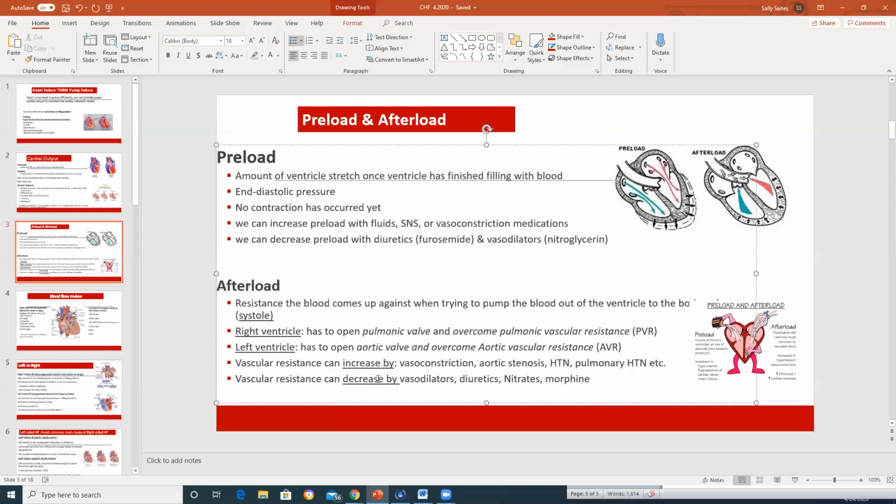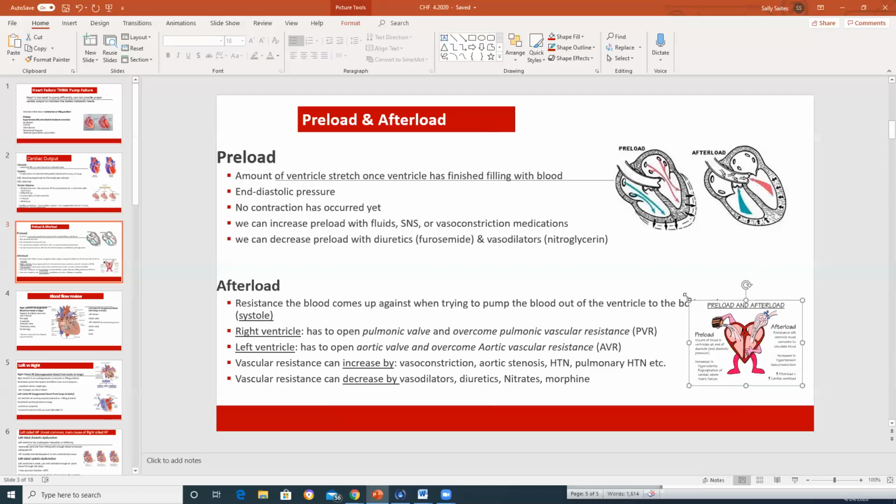Vascular resistance can decrease by vasodilators, diuretics, nitrates, and morphine, or fixing the problem. If we have some aortic buildup of plaque, then maybe if that plaque is dissipated with healthy living and medications, there's not going to be as much resistance for this blood to pump out.